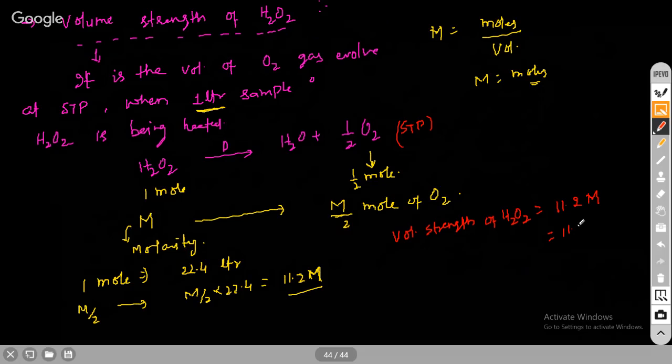So 11.2 into normality divided by n factor of H2O2, which is 2, we already know, equals 5.6 normal. So any of these two formulas you can memorize: 11.2 molar or 5.6 normal is the volume strength of H2O2. Is it clear? Yes or no? Tell me.